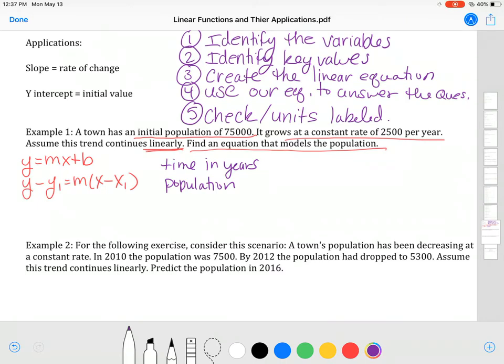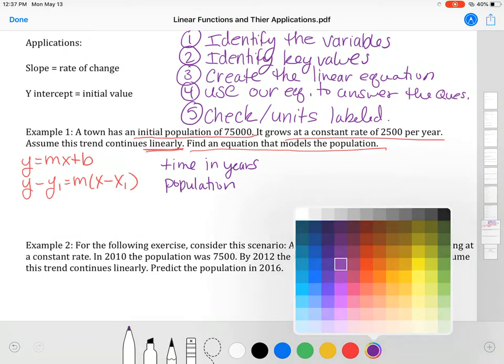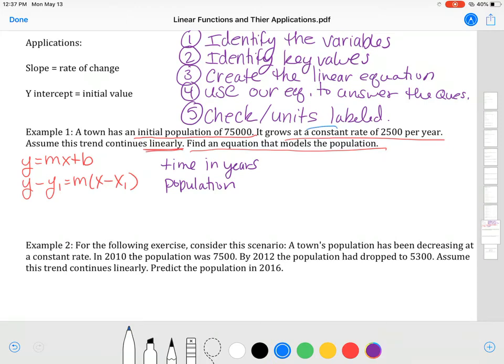Now, how do we identify what is x and what is y? Here's a big clue. It gives us the constant rate, and we know that the constant rate, because we're dealing with a linear function, is going to be our slope. So the slope is going to be 2,500 people per year.